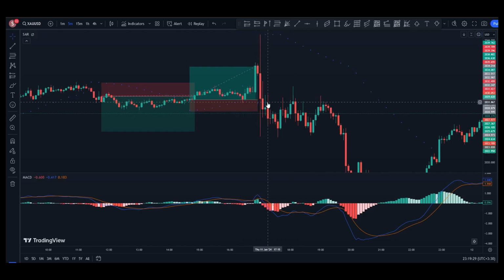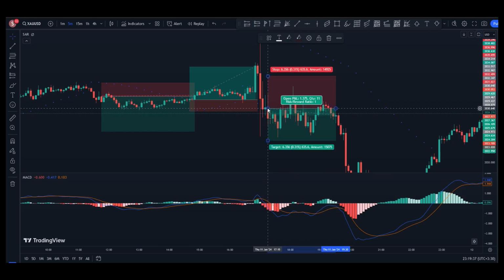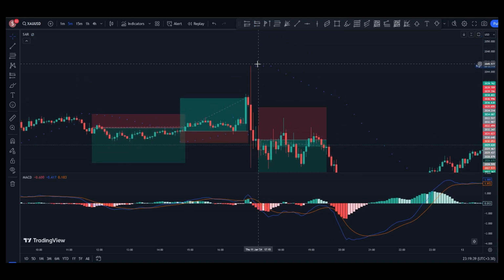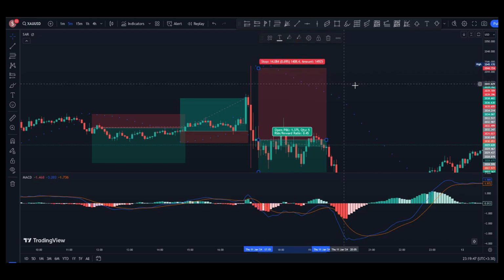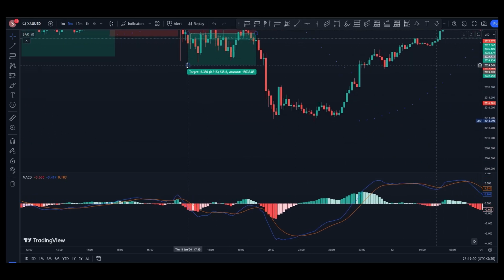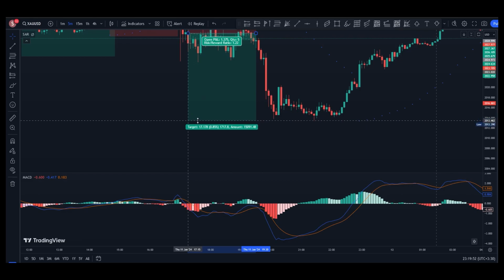Well, another entry is on this line here, but as you see, we can add this one to our chart. If the Parabolic SAR is too high, well, I prefer to use it. Let's put it there and see if it hits our take profit.